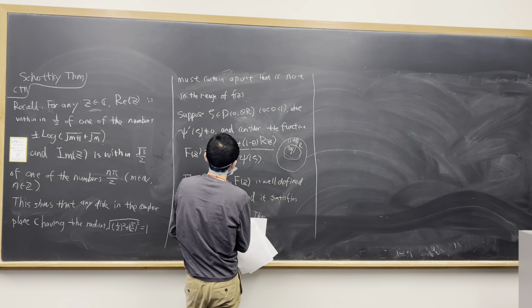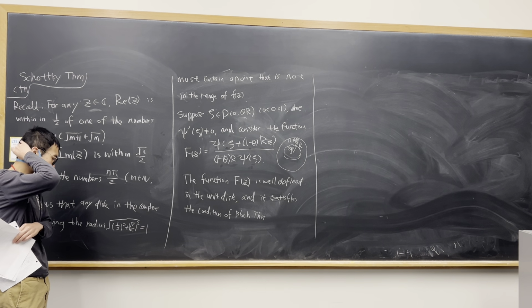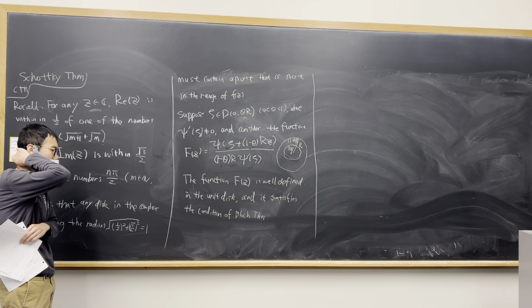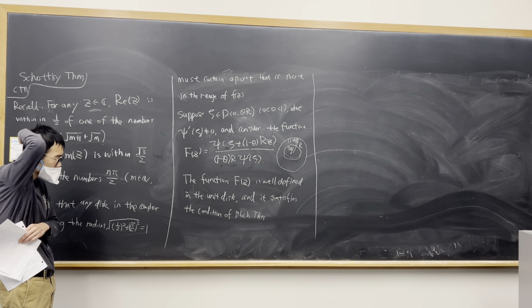For the Bloch theorem, we know that the function is being defined over the closed... Okay, initially it was assumed in the closed... Wait, hang on.